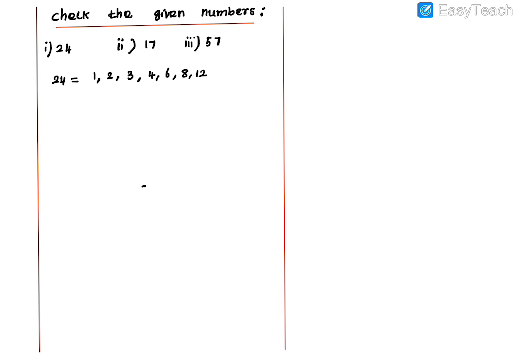So 12 means, see, this is an even number. So with an even number, once you reach half of that number, directly you can go to that number, because 24 divided by 2 is 12. So 12 comma 24. And the next one is 17. So 17, there is no table it will divide. So 1 and 17 only.